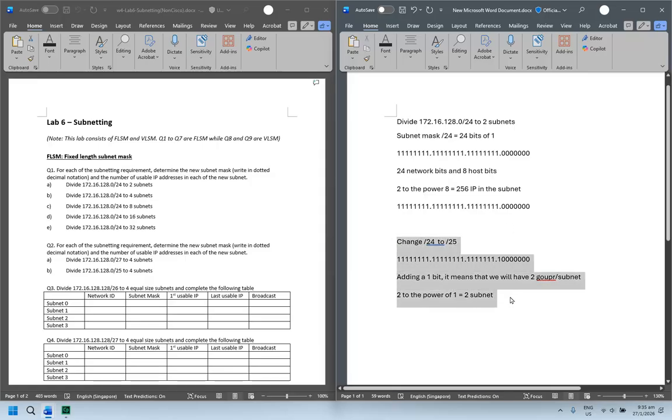If you make use of this concept that I just introduced, for example, let's say now I change /24 to /26. What does it mean?